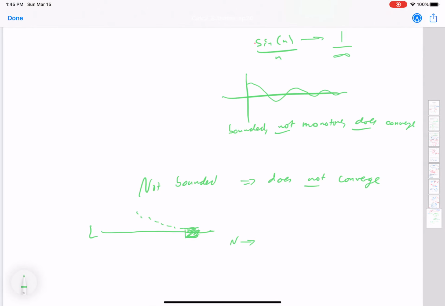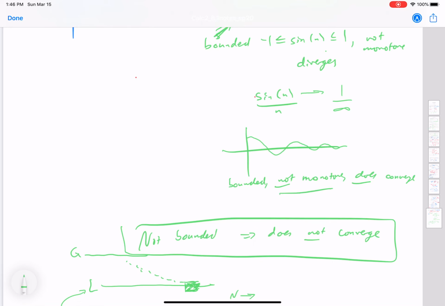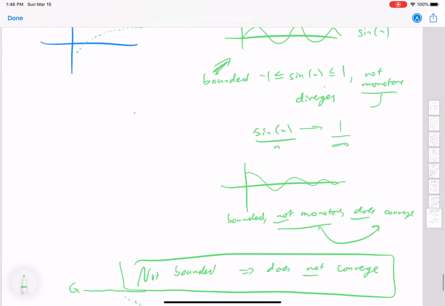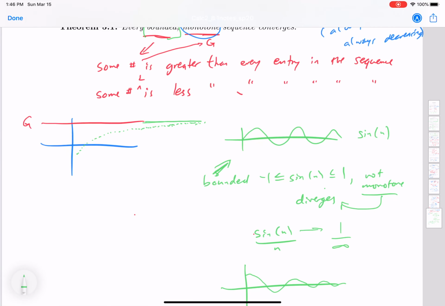And if I'm always within this range, then I have a finite number of other points out here, so I should be able to choose some bounds above and below, my g and my less than bound. I used L twice here. One is for the limit and the other is for the less than bound. And so I should always be bounded if in fact I have a limit. So not bounded means does not converge, but not monotone, it could converge or it could diverge. If you have both bounded and monotone though, you are guaranteed in fact to converge.